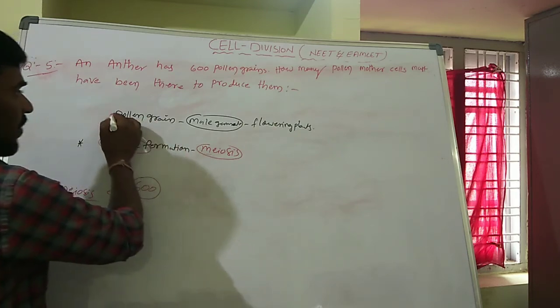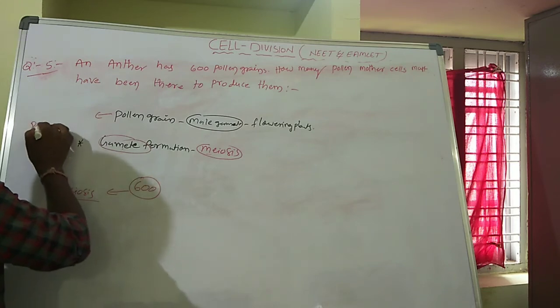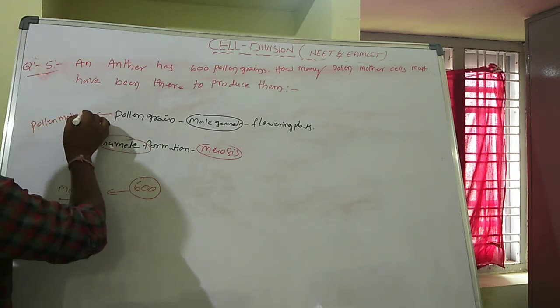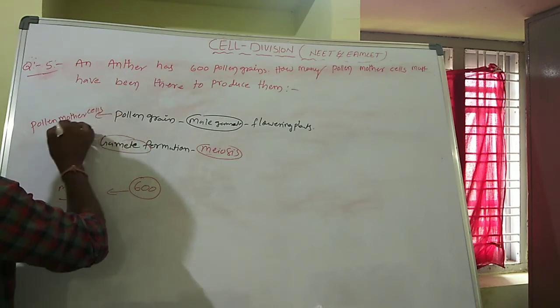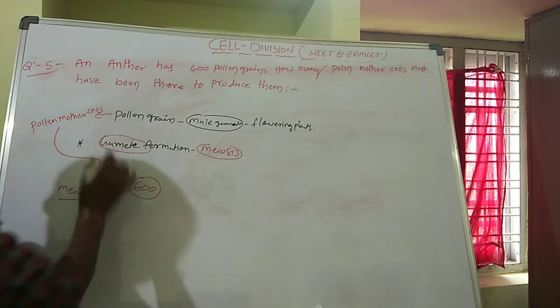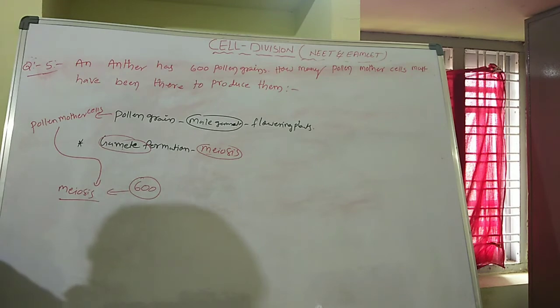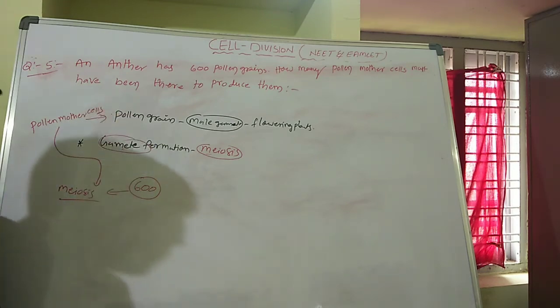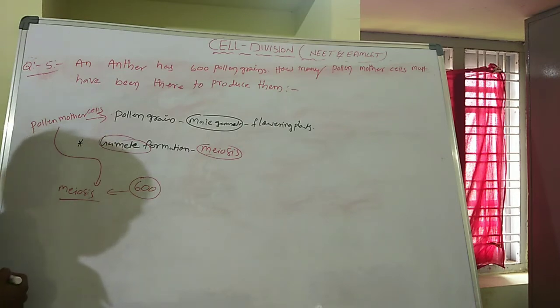For the formation of the pollen grain, pollen mother cells are involved in the meiosis division. From the pollen mother cells, pollen grains will be developed by the process of meiosis.